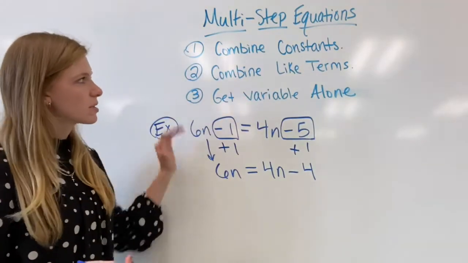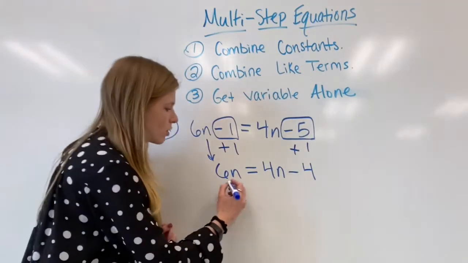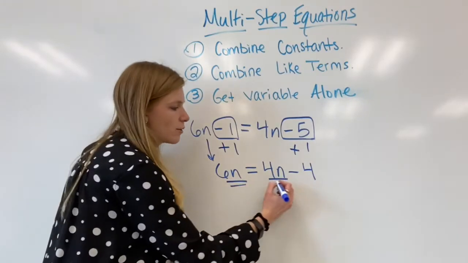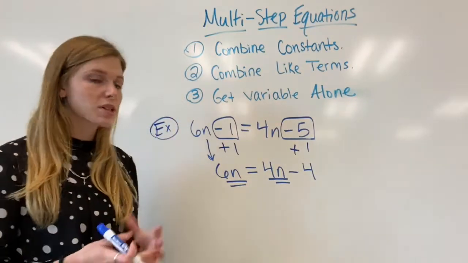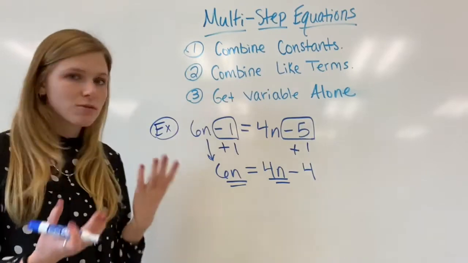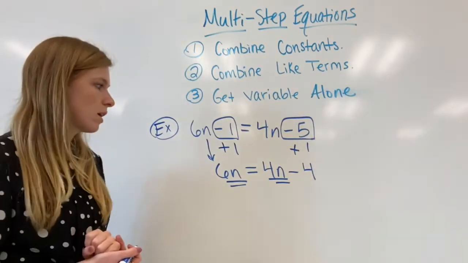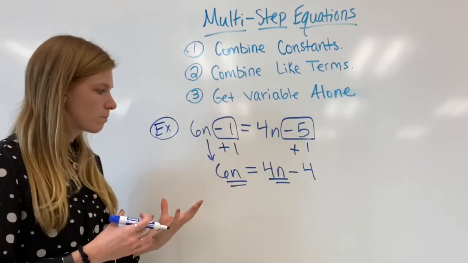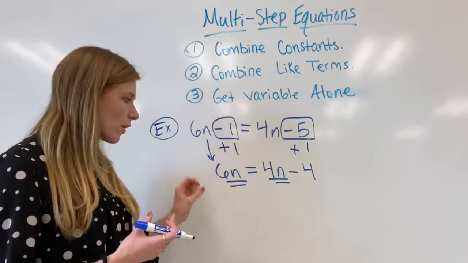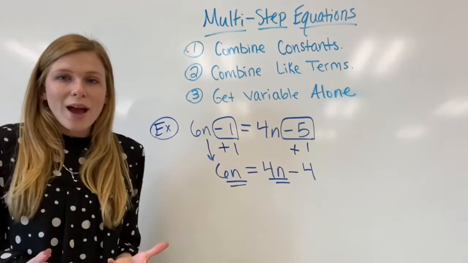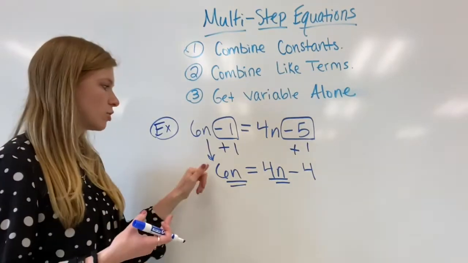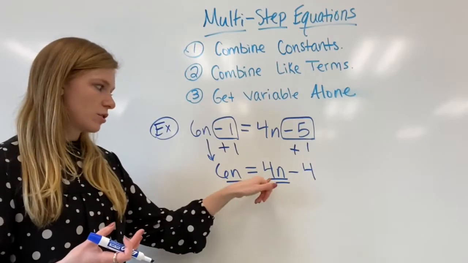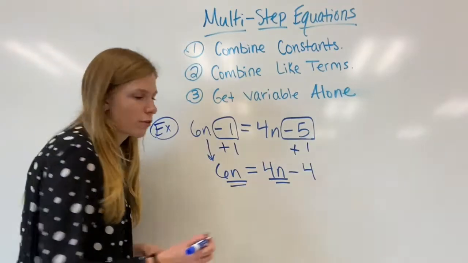Now the next step is combine like terms. I know that 6n and 4n are like terms because they both have an n, and they both have just one n. So now I need to decide which one I want to move. I know that either one I move, I'm going to have to subtract. It's easier to do 6 minus 4 than it is to do 4 minus 6, so I'm going to move the 4n.